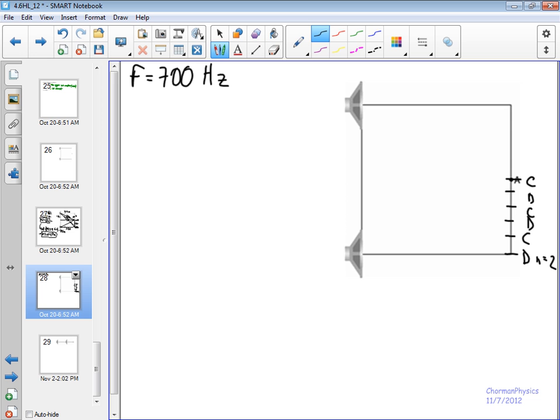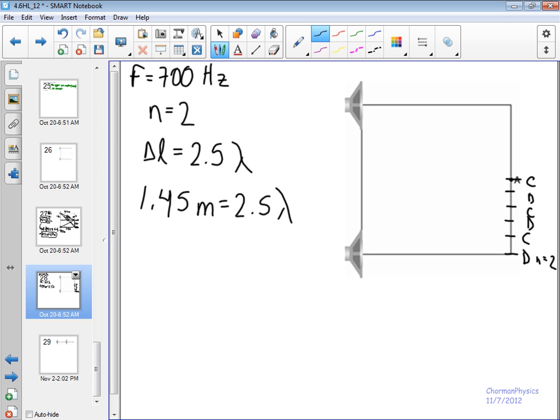So what we know from this is that n equals 2. Therefore, delta L has to be equal to 2.5 lambda. And we're going to end up solving for lambda. If we look at our delta L from the previous one, right here where we had 1.45 meters, then 1.45 meters equals 2.5 lambda.